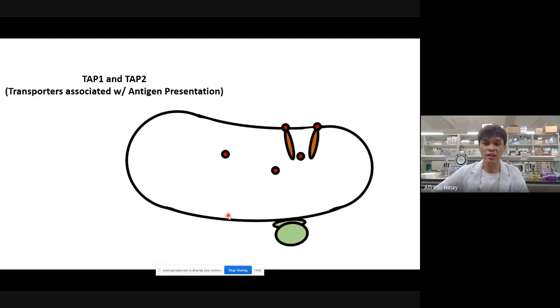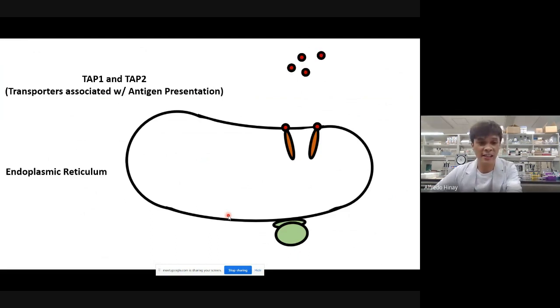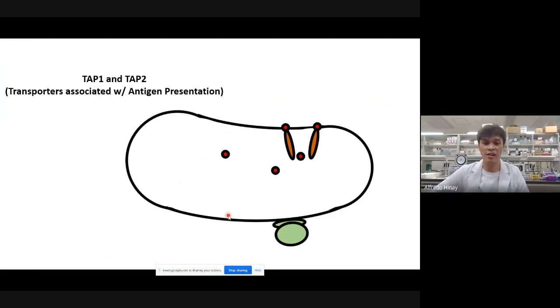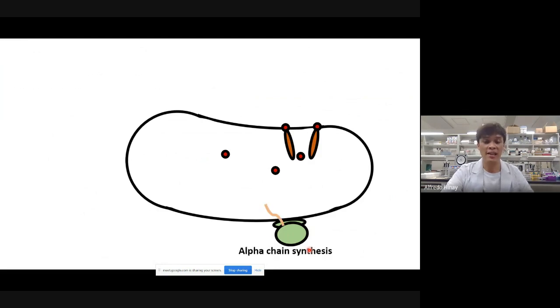So inside the endoplasmic reticulum class, your ribosome here will try to synthesize now the first part of your class 1, which is your alpha chain.